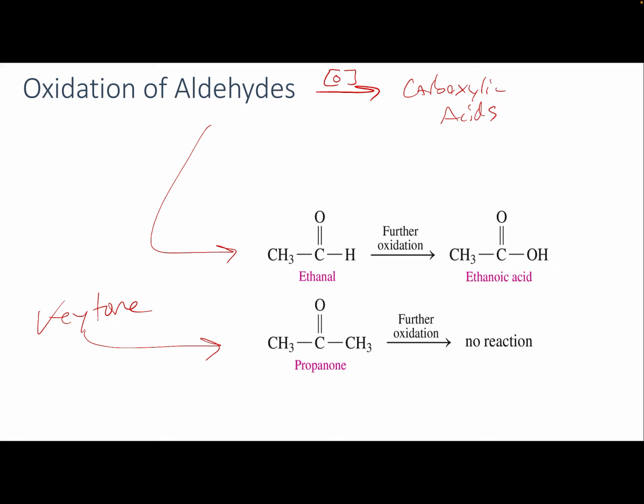A ketone's formula should have no product or no reaction written at the end because it can't oxidize. There's nowhere to increase a bond to O. But the aldehyde we can, and we've looked at this already in the alcohol chapter. Remember, we can decrease this bond to H and add a bond to O in there. That's what oxidation means here. So the aldehyde will oxidize into carboxylic acid. We're not going to worry about naming those just yet.